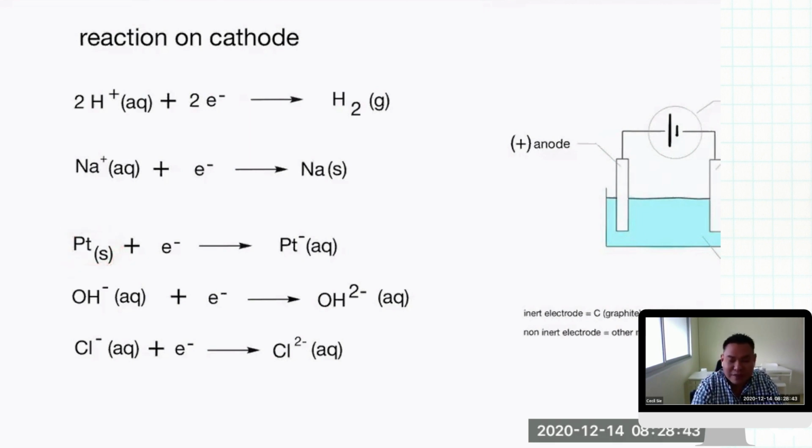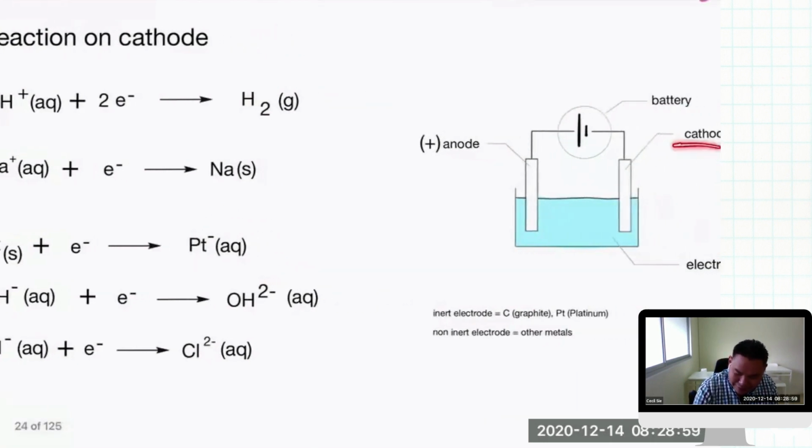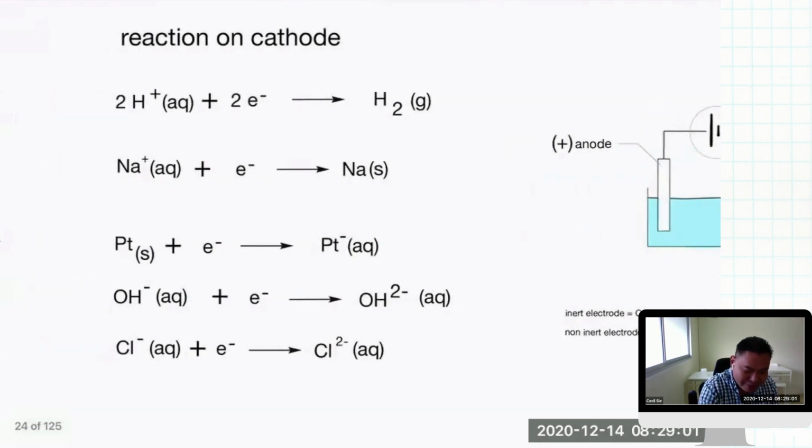Metal cannot be reduced, right? Have you seen any negatively charged metal? No. Yeah, it's very difficult to get reduced. So the cathode itself will not be reduced. This reaction will not work.